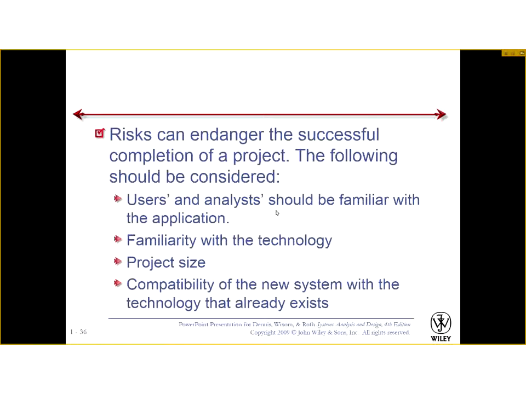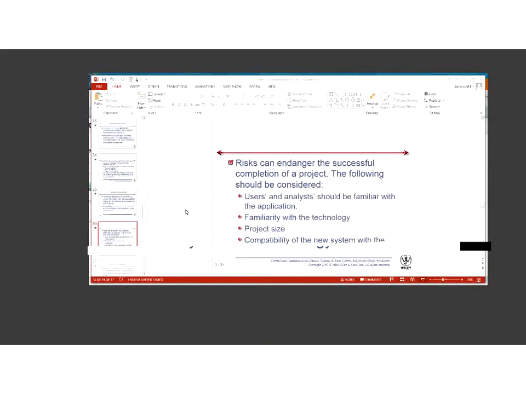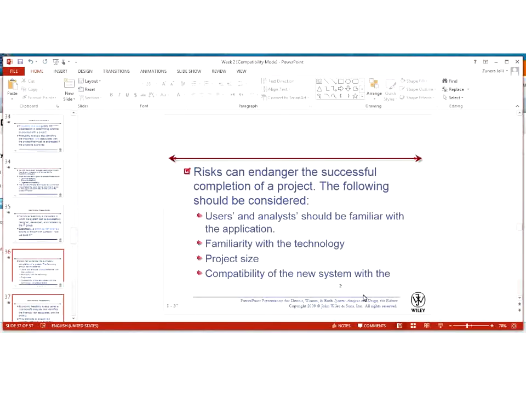Then they should be familiar with the technology we are going to use. Then the size of the project should not be very big, and it should not be very small. Both of these are risks, so these should be handled. Compatibility of the new system with the technology that already exists is also very important. If you are designing a system which is not compatible with the existing technology, then it is going to cause you some problems.